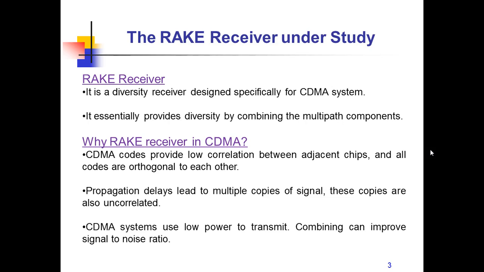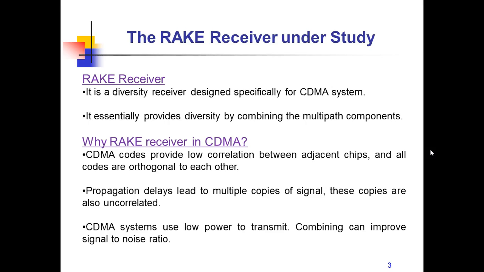Secondly, in a wireless environment, the multipath effect leads to different propagation delays. Thus, the receiver can receive multiple copies of the signal, and these copies can be considered as uncorrelated, so they can be separated.